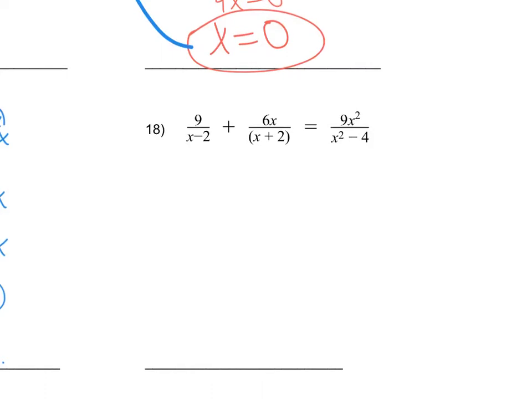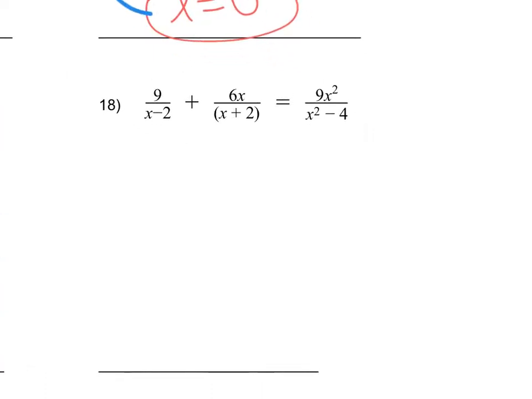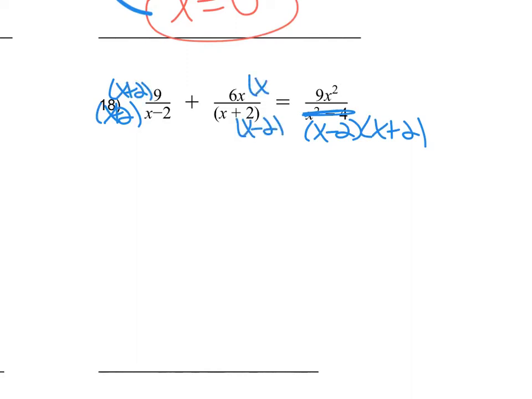Okay, number 18. All right, we've got x minus 2 and x plus 2, and then if we factor this, we get x minus 2, x plus 2. Okay, which means we need to multiply this one by x plus 2, this one by x minus 2, and the one on the right's all good.